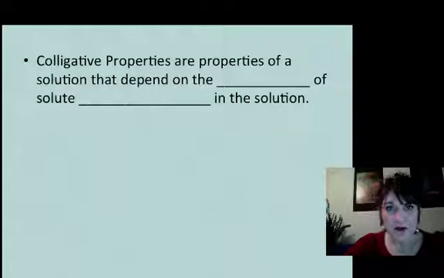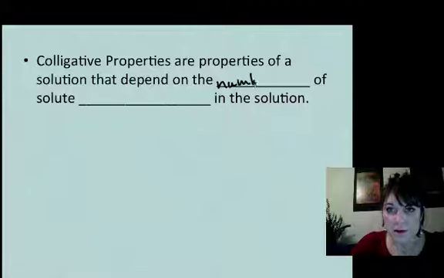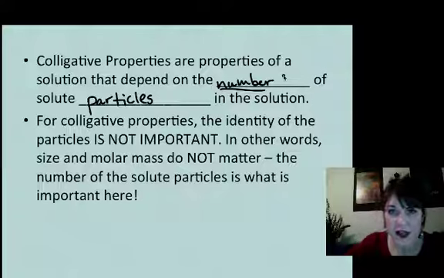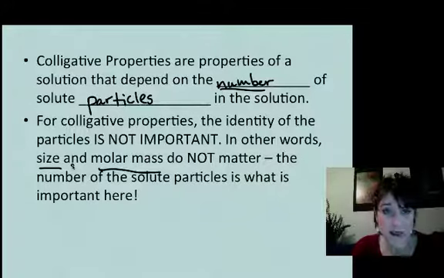So the properties are dependent on the number of particles of the solute in the solution. This is really interesting because it's completely dependent on how many particles there are in solution. It's absolutely not dependent on the molar mass of the particle or the size of the particle or the identity of the particle.